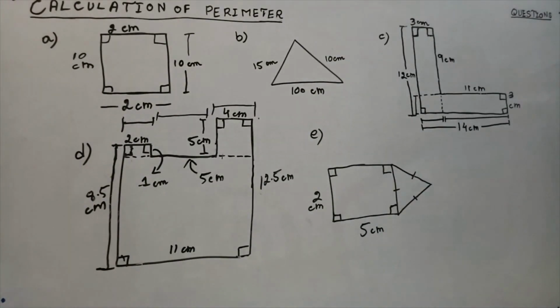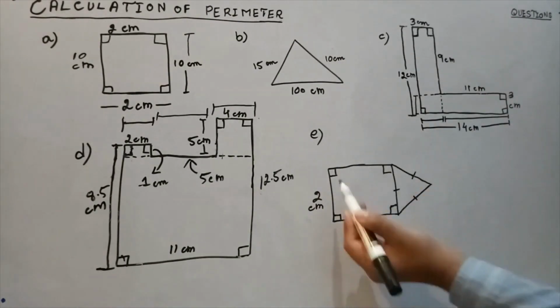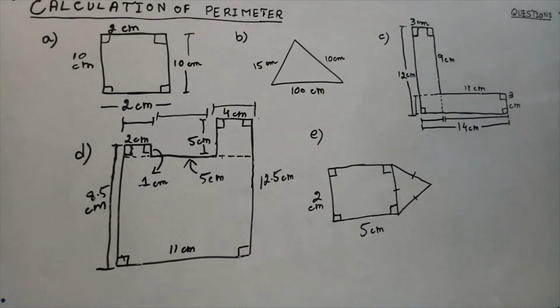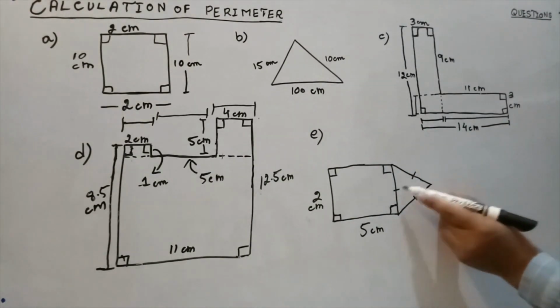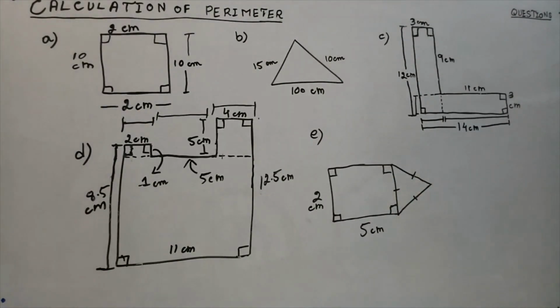We have to add all the lengths of the boundaries. First of all, you can see here we have a rectangle and there is a triangle attached to it. This is an equilateral triangle. Why? Because all three sides are equal. This dash shows us that the sides are equal.